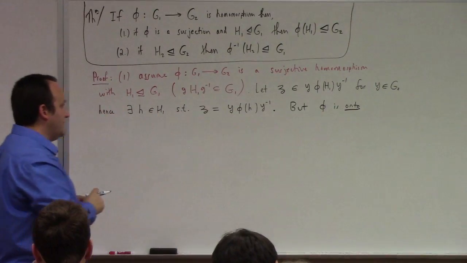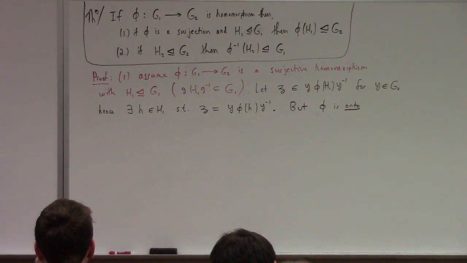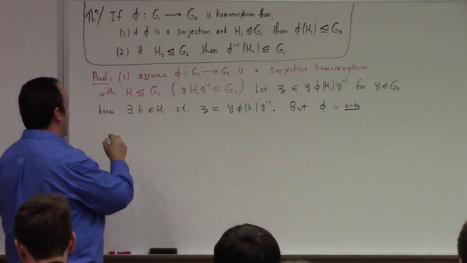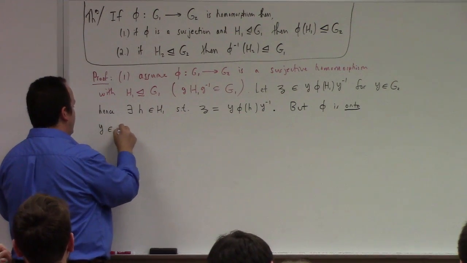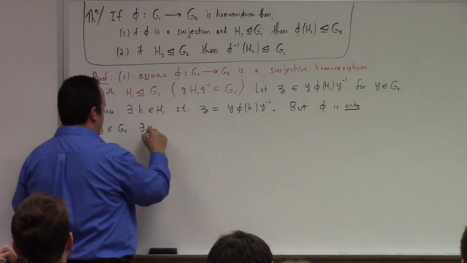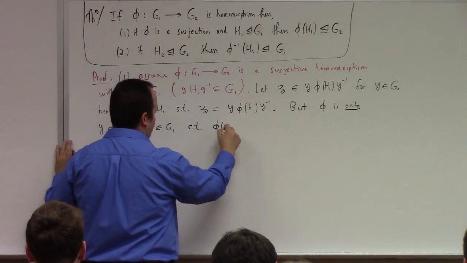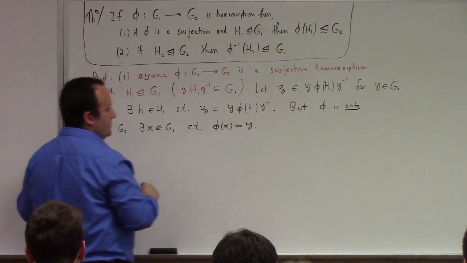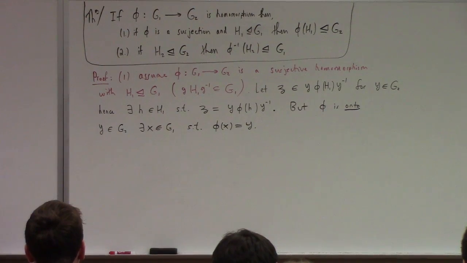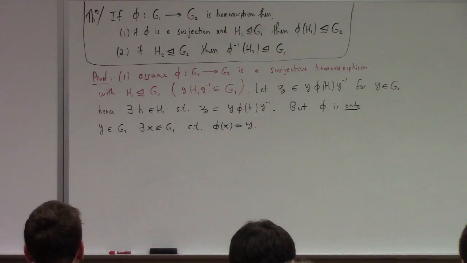Phi is onto, right? So what does that mean? For Y in G2, there exists X in G1 such that phi of X is equal to Y. So we can rewrite Y as the image of X, a particular point in G1.